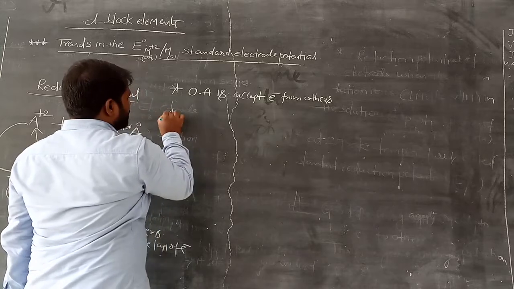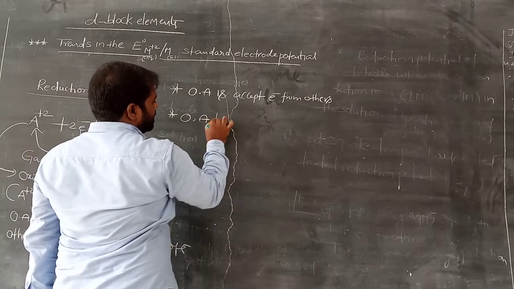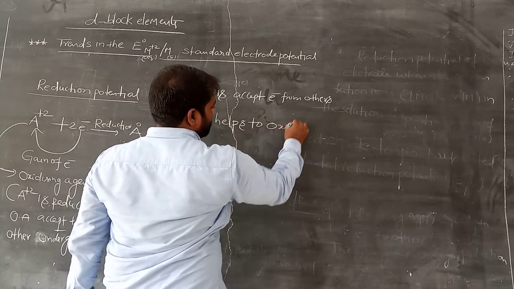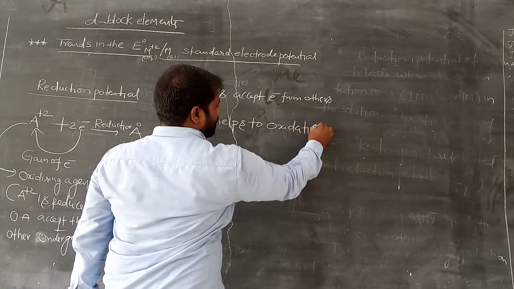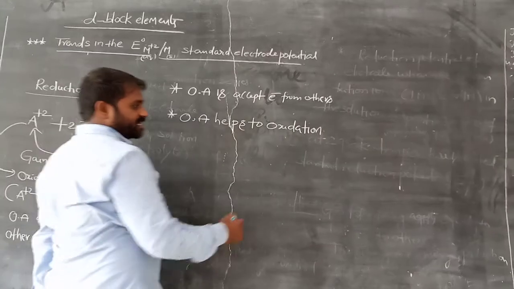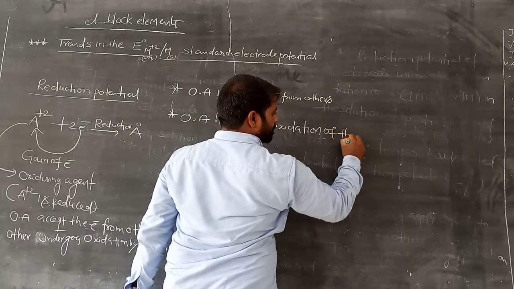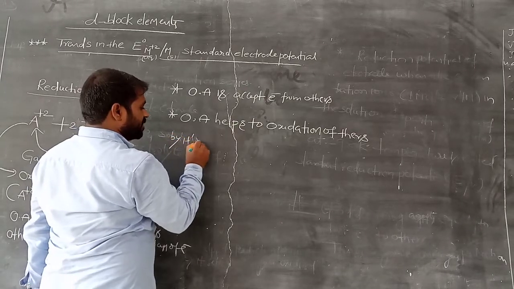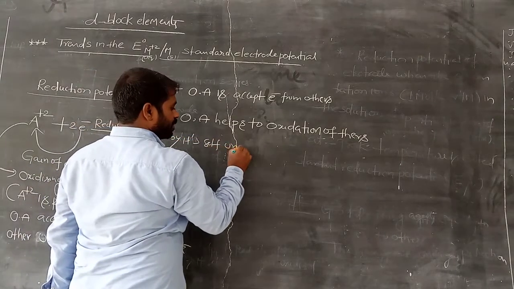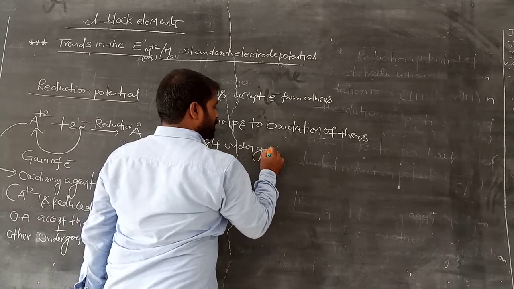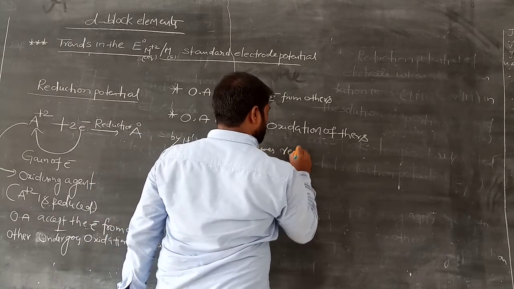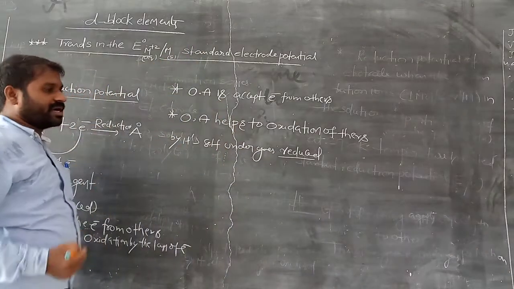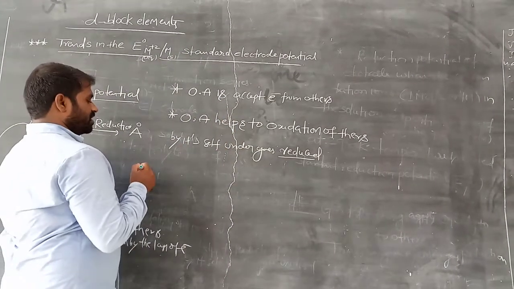The oxidizing agent helps the oxidation of others, but itself undergoes reduction. It gains the electrons from others, then the other compound undergoes oxidation. Let's see the example.